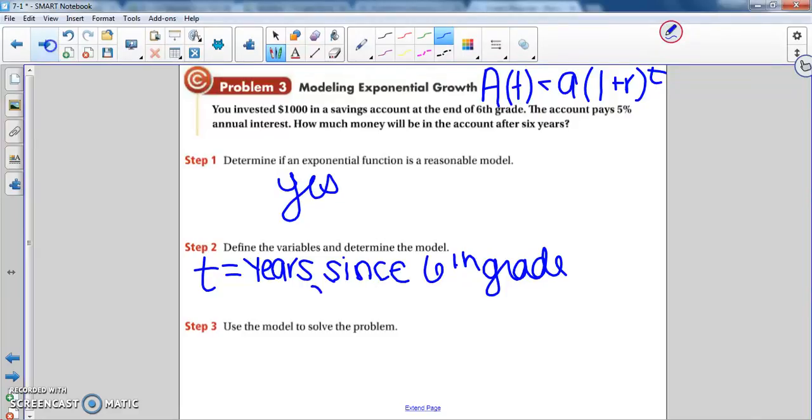We can use our function A of t is equal to a times 1 plus r to the t power.